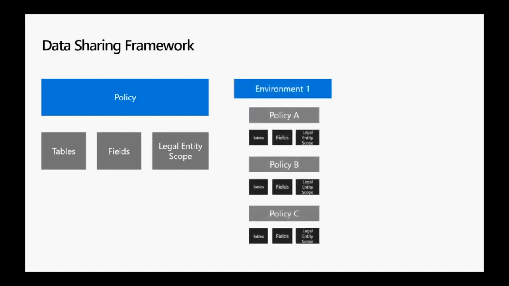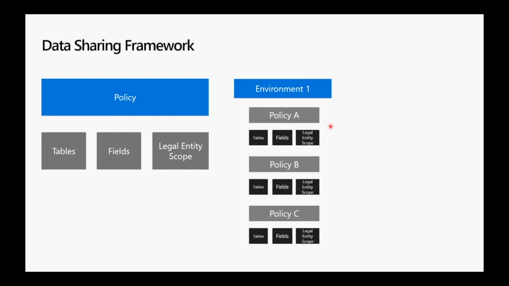If you define environment 1, you can have multiple policies, including multiple tables: policy A, policy B, policy C. If you have made some modifications, you might have excluded some of the fields that you don't want to synchronize. So you are allowed to modify the predefined policies by Microsoft.